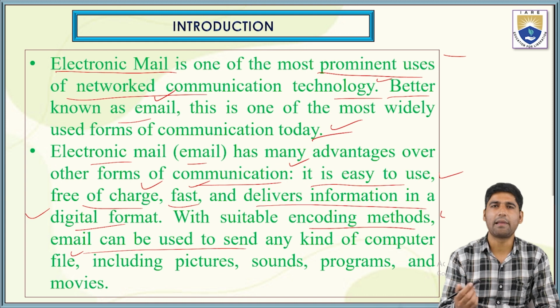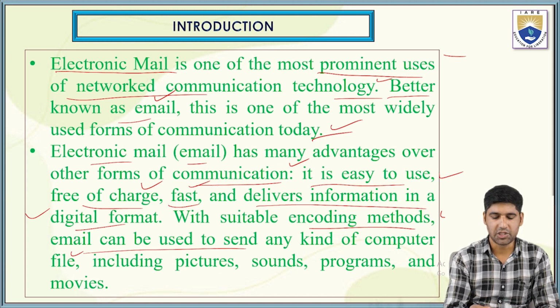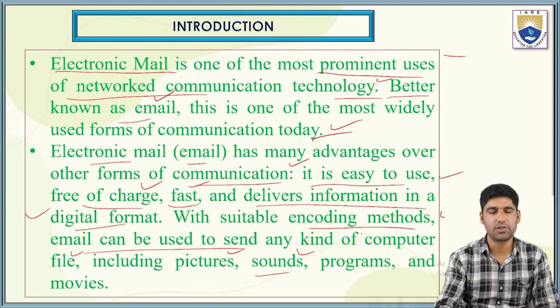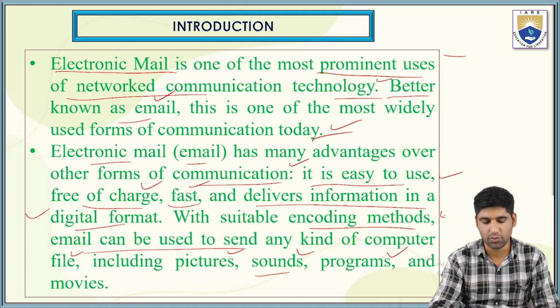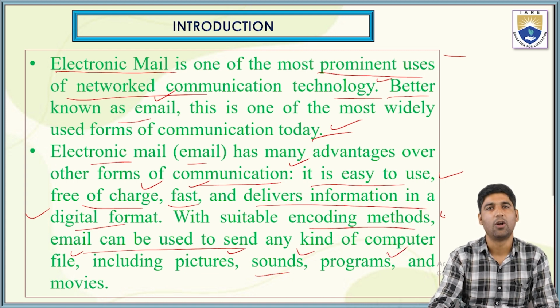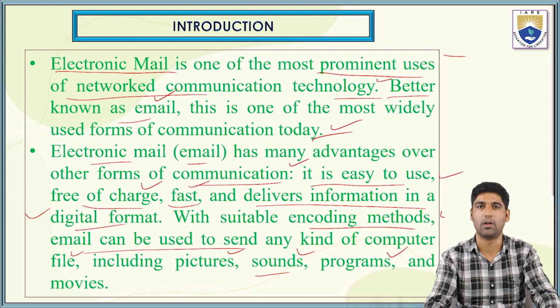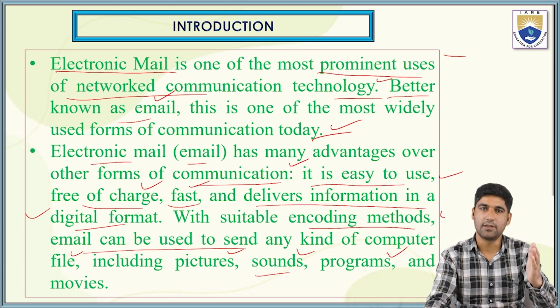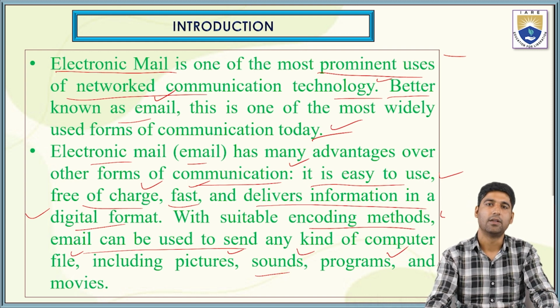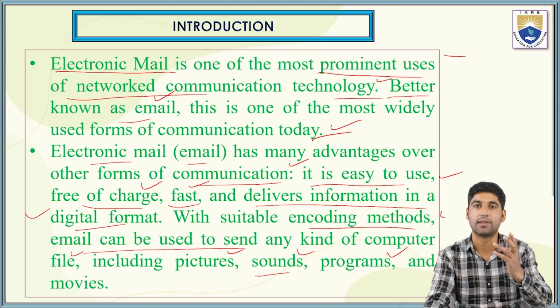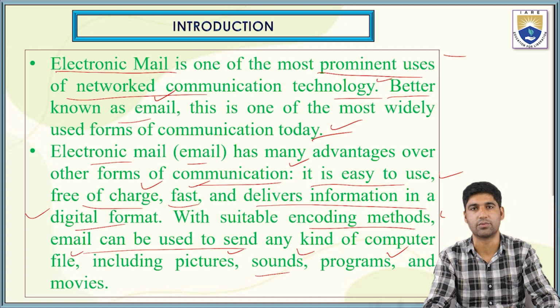So different things you can send, which include pictures, sounds, programs, or movies with the help of emails. Photographs you can send with the help of emails. So it's not only written text that you can find. You can send symbols, videos, pictures, audios.